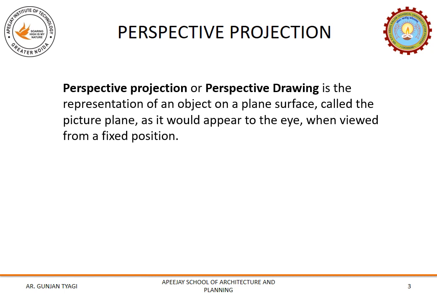In the upcoming slide, I will show you a graphic representation of all the terminologies used in perspective projections, and here you will come to know what the picture plane is, and what the fixed position, the station point, is from where you view the object.